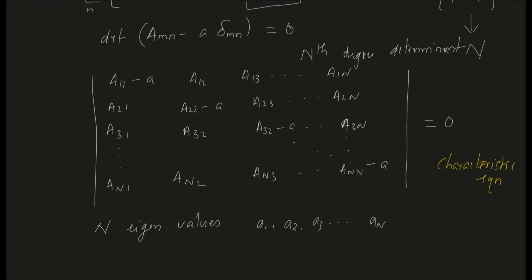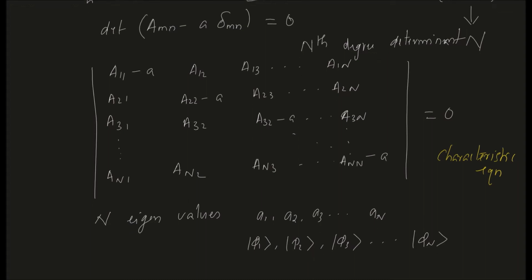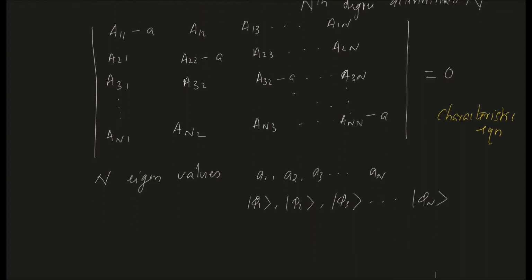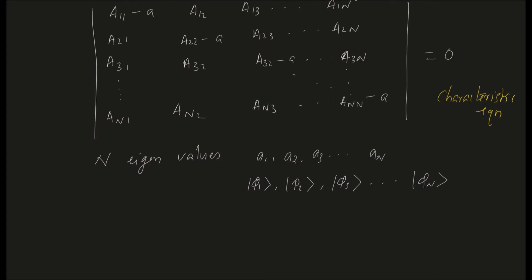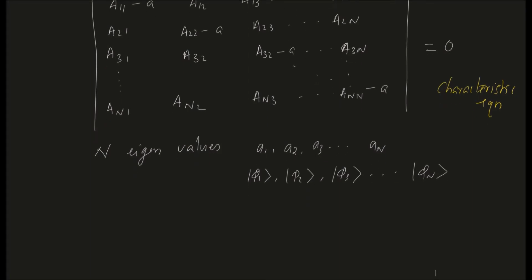So knowing this set of eigenvalues, we can determine the corresponding set of eigenvectors phi 1, phi 2, phi 3, etc. So this is the normal matrix algebra that you do with eigenvalue equations or eigenvalue matrices. Okay, so once you know these eigenvalues, you can determine the corresponding eigenvectors.